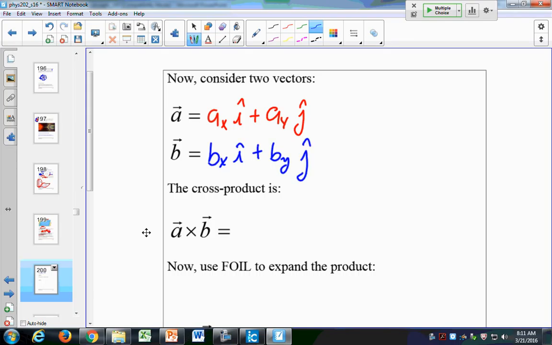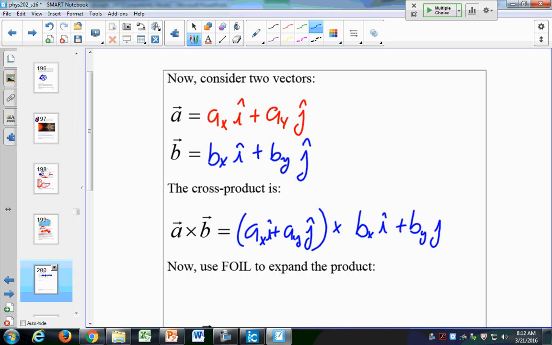And then if I want to take the cross product, it's going to be AX i plus AY j crossed with BX i plus BY j. And then I just use FOIL to expand that product.